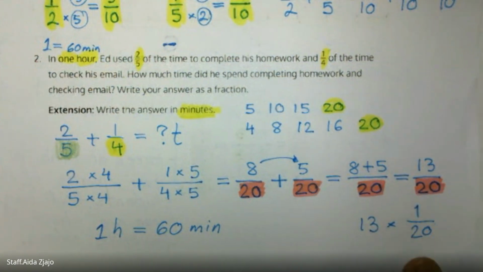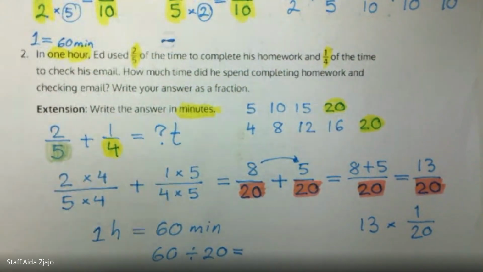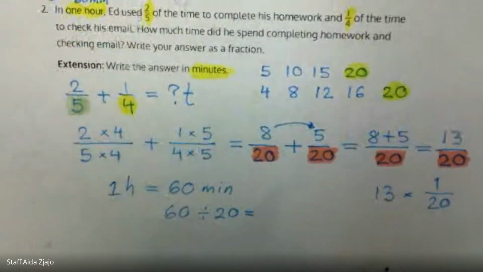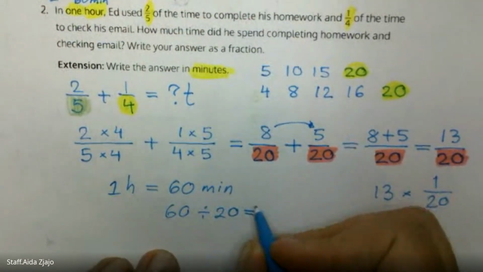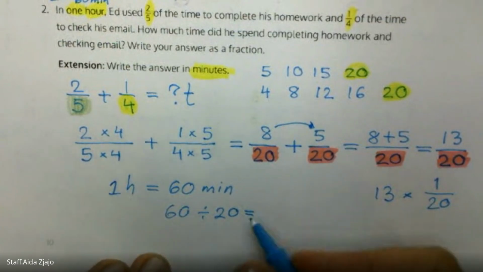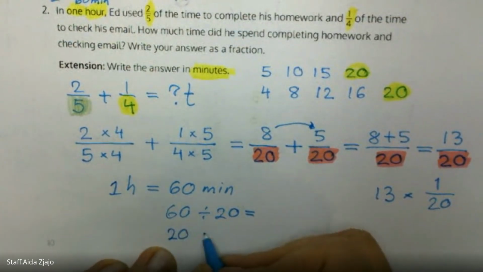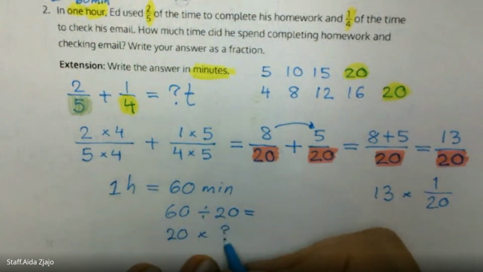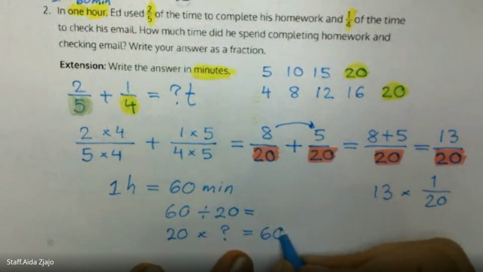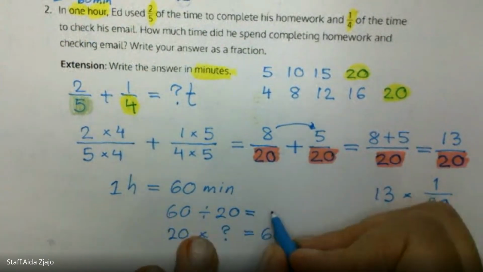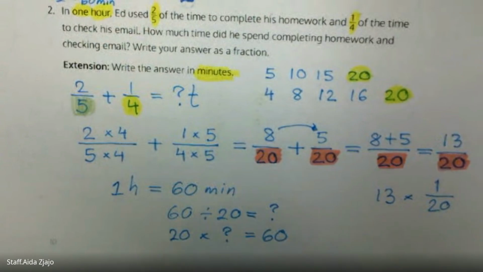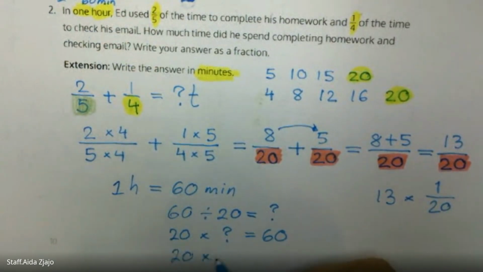How do we know? It's 60 divided by 20. We can ask ourselves, how many 20s are in 60? There are 3. 20 times what equals 60? You can figure it out. That is 3. 20 times 3 equals 60.